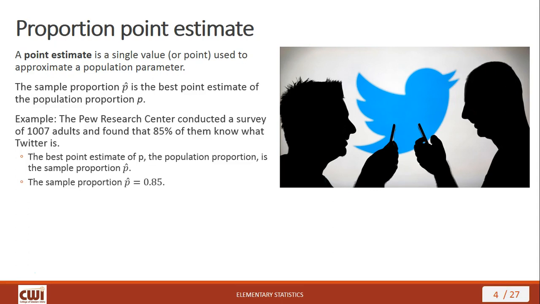So the sample proportion P hat is 85%. That's what we found from the survey, and we would then go and extend that to the population and say that we estimate the population proportion to be around 0.85. But there's some error involved with that, and we're going to get into that error later in this lecture.